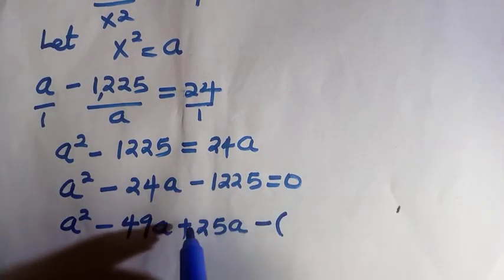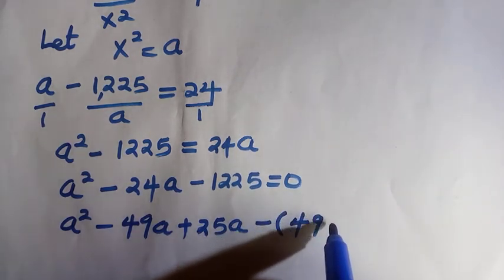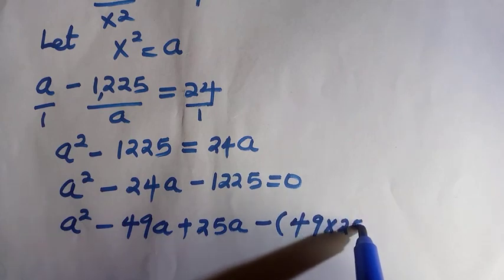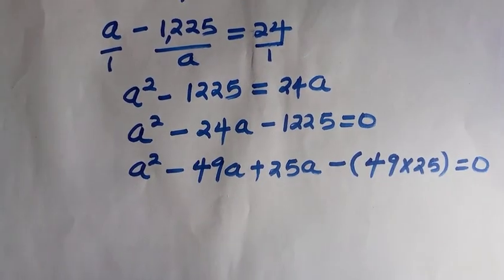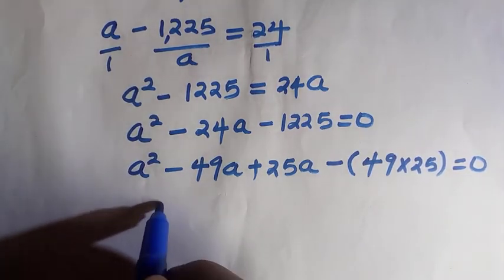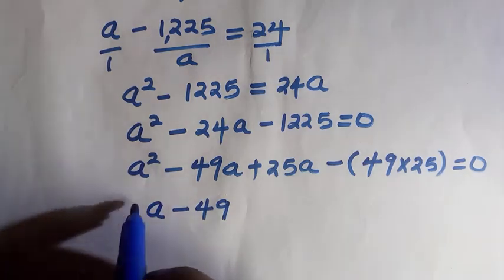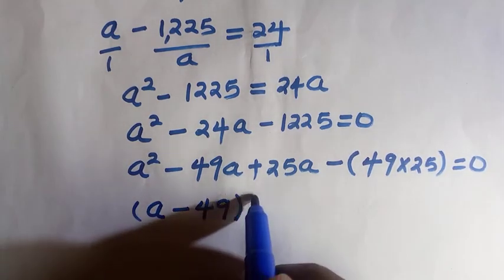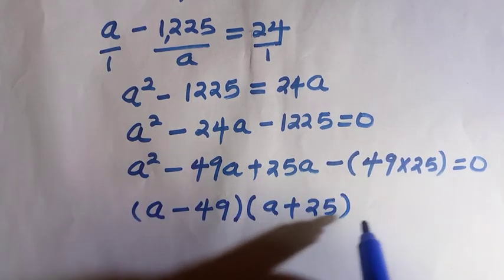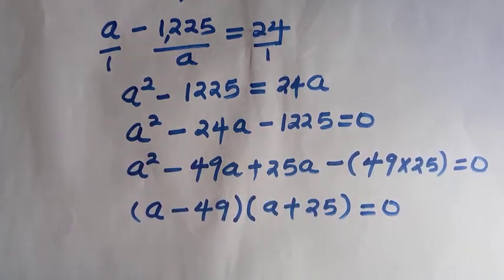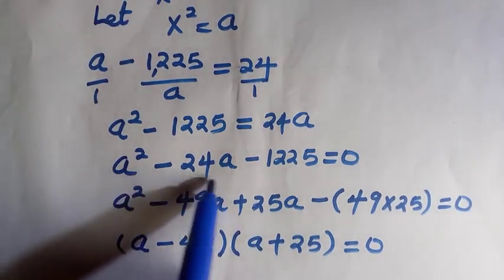And if you multiply 49 and 25 together, it's still going to be 1225, all equals 0. Then the two factors of this quadratic are a minus 49 and a plus 25. If you try to expand this, we get the quadratic equation we have above.